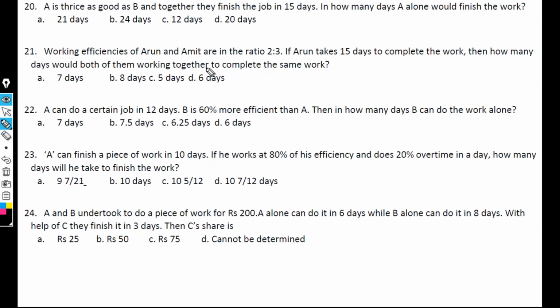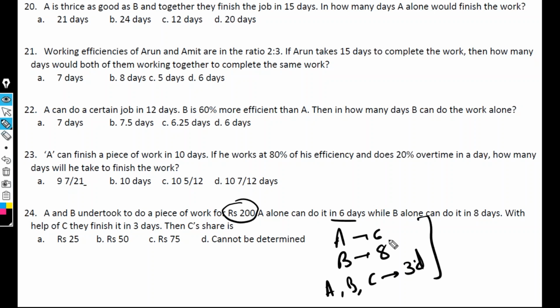Here it says A and B undertook to do a piece of work for rupees 500. A alone can do it in 6 days, B alone in 8 days, but with the help of C, they finished it in 3 days. Now we simply need to take the LCM of 8, 6 and 3.